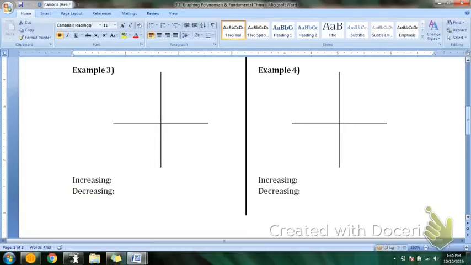Okay, so this is what example 3 should look like. We're going to make it kind of look like a W. And then we're going to make some points.